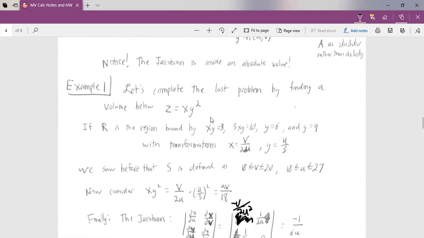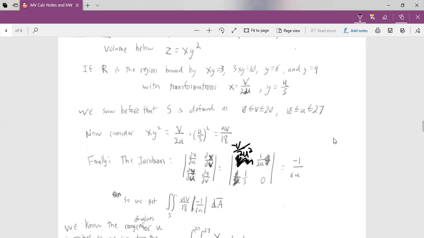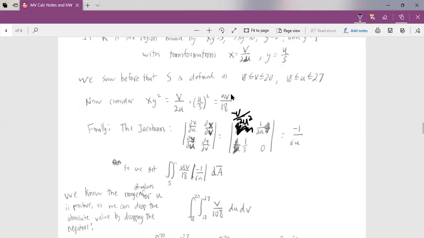And again, this is the same region. So we've already seen that 18 is less than or equal to v is less than or equal to 20, and 18 is less than or equal to u is less than or equal to 27. So we already saw that we're working with this rectangle. So let's consider what xy squared is. Well, xy squared is v over 2u times u over 3 squared, which gives us uv over 18. So now we do dx du.